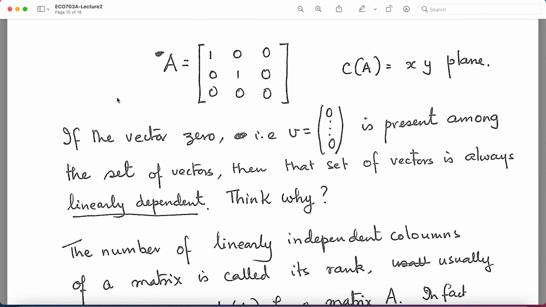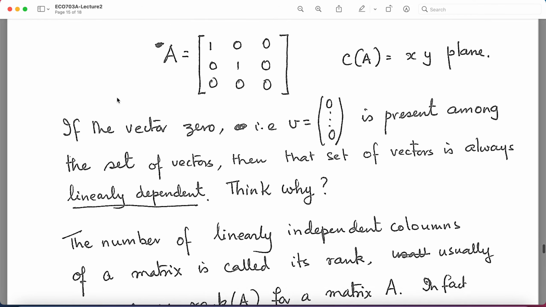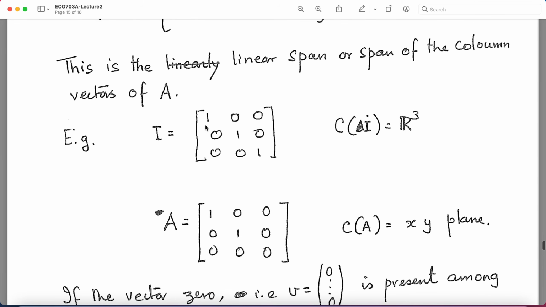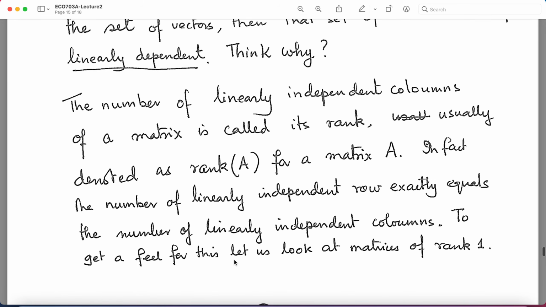So, they are generating elements of the form alpha, beta, 0. What is that? Those are all lying in the xy plane. So, they are generating a space, but that is not R3. The span of these three vectors is R2, or the xy plane embedded in R3.